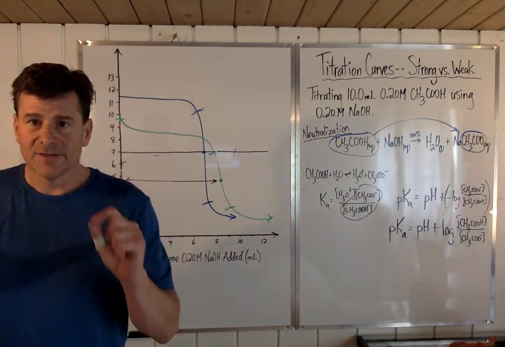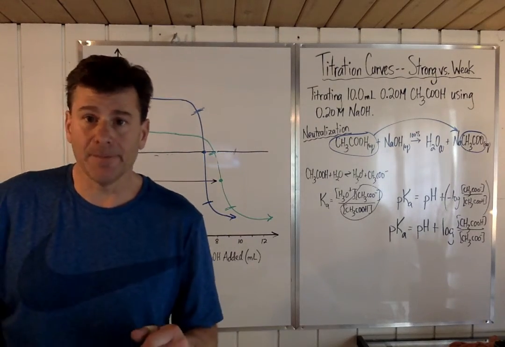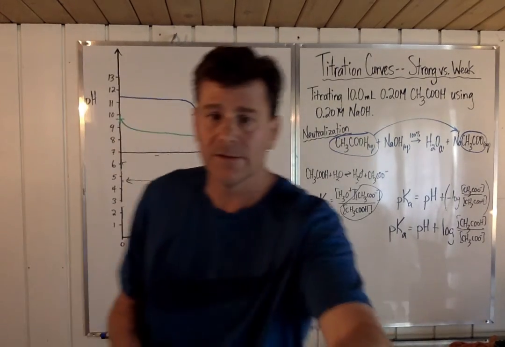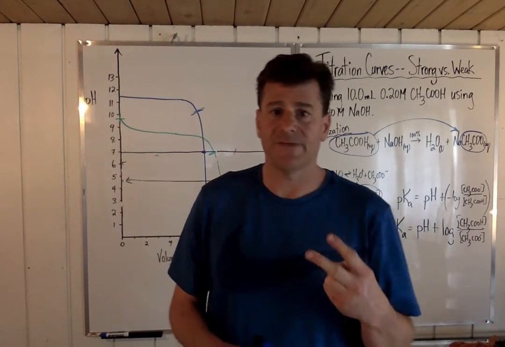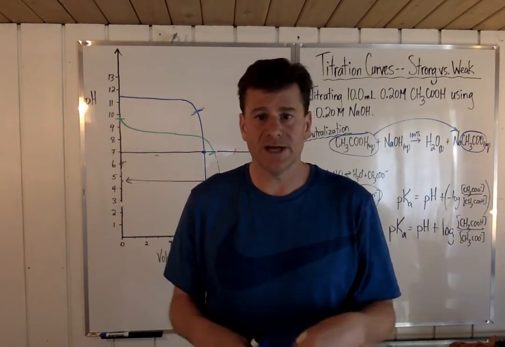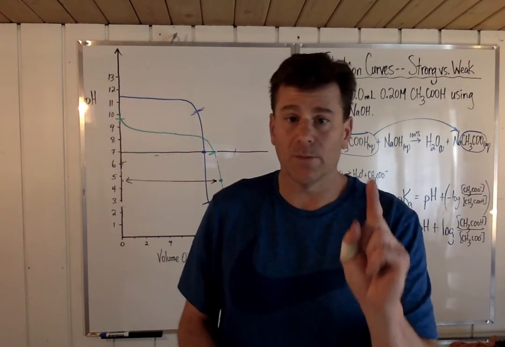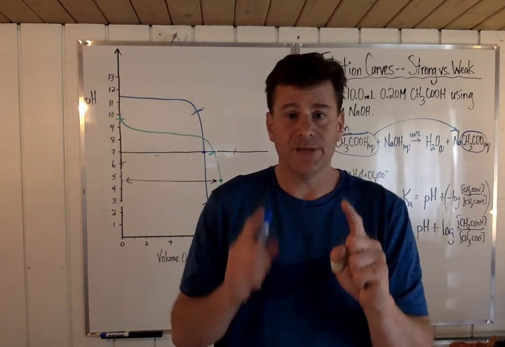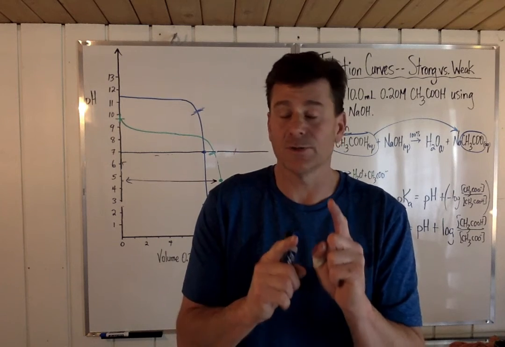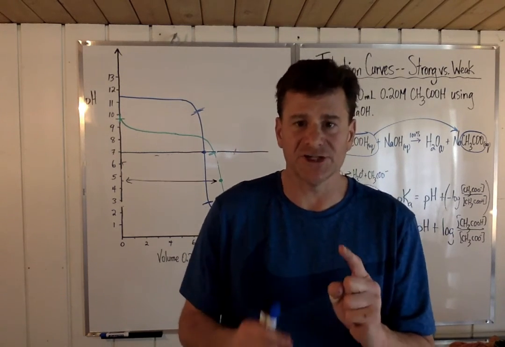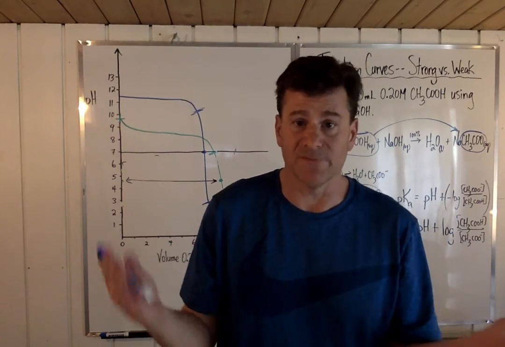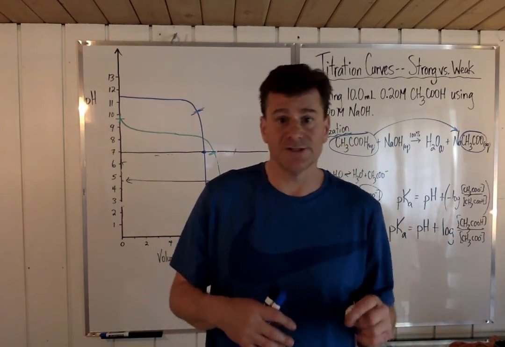Okay? So there was quite a bit of detail in there. Remember that there are two key features of the strong-weak titration curve. Number 1, and the one you gotta know, is that the pH at equivalence is not going to be at 7. So the middle of that steep section is going to be either above 7 or below 7, one of the two, depending on what the solution was you were titrating.